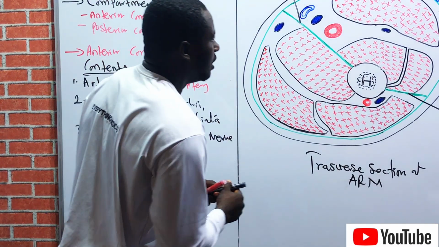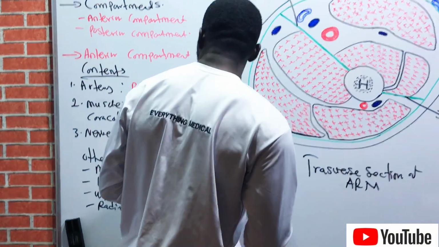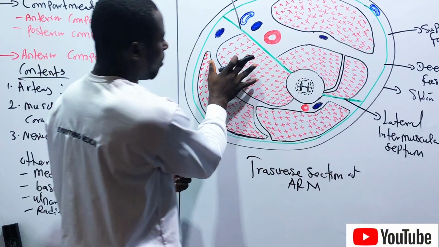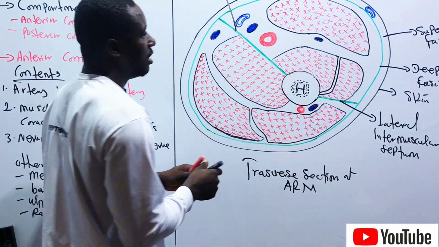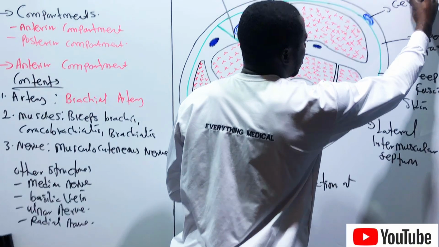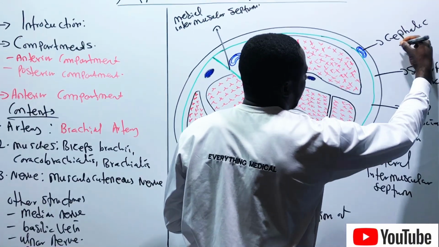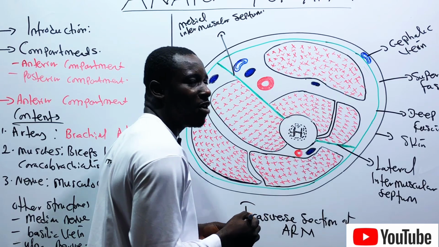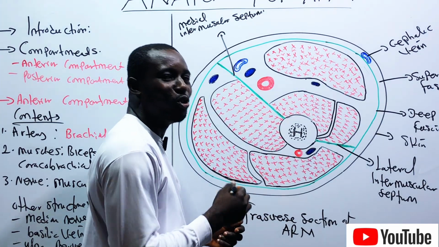So here, let's depict it on the diagram, because here is the anterior compartment, while here is the posterior compartment. So we have the cephalic vein, we have our chief nerve, which is the musculocutaneous nerve.